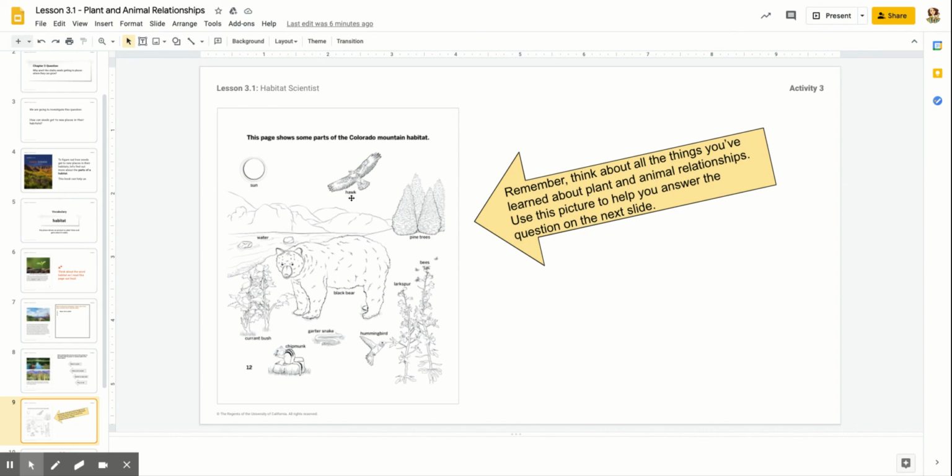The sun, a hawk, the water, pine trees, a black bear, bees, the larkspur plant, a hummingbird eating from that plant, a garter snake on the floor, a chipmunk eating a seed, and a currant bush that a black bear is eating from. So remember, think about all the things you've learned about plant and animal relationships and use this picture to help you answer the question on the next slide.